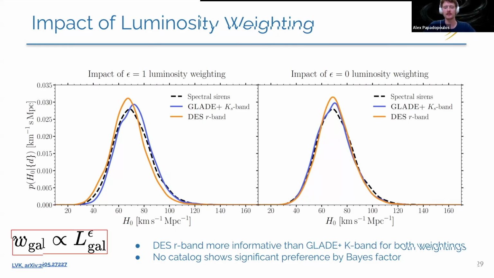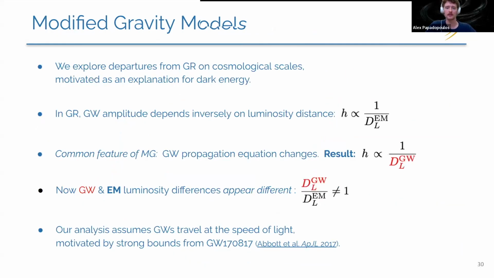Additionally, the DES r-band is more informative than GLADE+ for both types of weighting, so epsilon equals 1 and epsilon equals 0, because it has a sharper posterior. But additionally, when we consider our model selection, we calculate Bayes factors from our evidence between all of these different analyses, and we find that no catalog shows a significant preference by Bayes factors. So we can't say for certain that any of these 4 different setups are clearly favored by the data relative to one another. Next slide, please, Isaac.